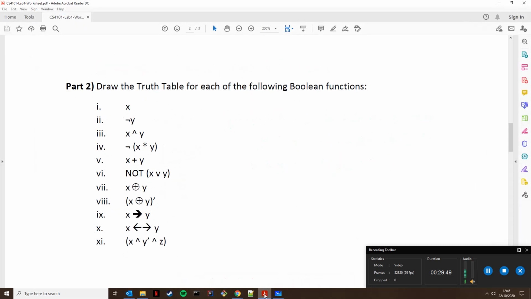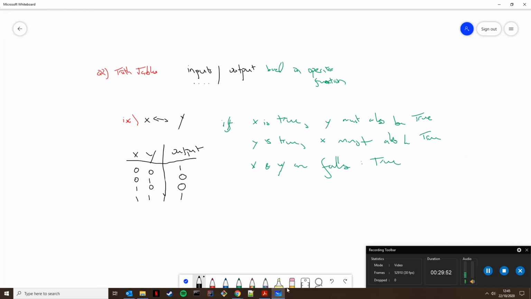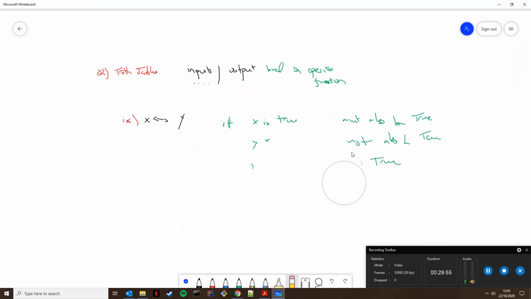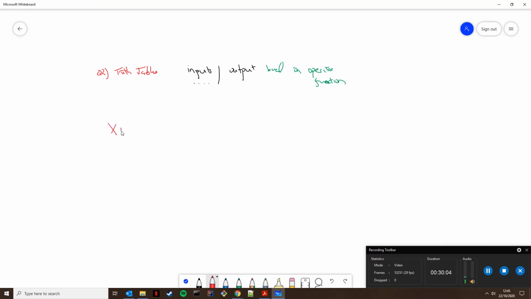And our final question in this is x and not y and z. So we have 3 inputs.